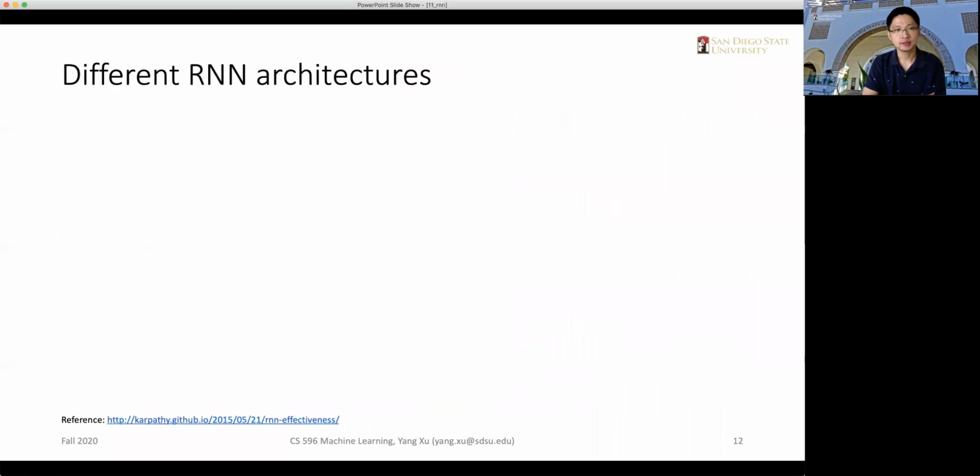And in next Thursday's lecture, we're gonna introduce different types of RNN architectures that are suitable for different types of tasks. And lastly, we're gonna cover the gated units, like long short-term memory units, the gated recurrent units, and so on.